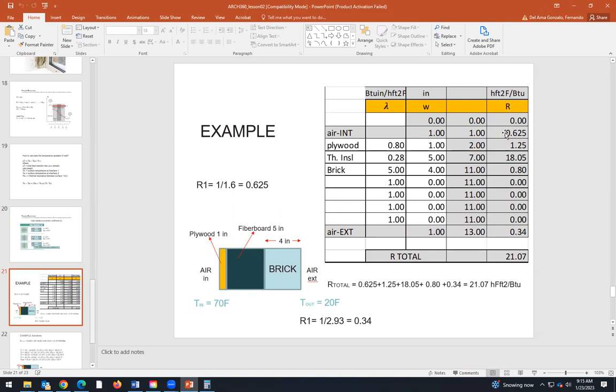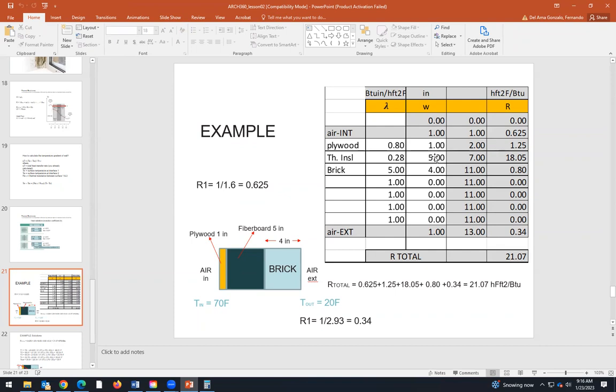Okay, so this is 1 divided by the first coefficient. The interior coefficient is 1.6. So 1 divided by 1.6 is 0.625. Then we have the width, 1 inch, divided by the thermal conductivity.